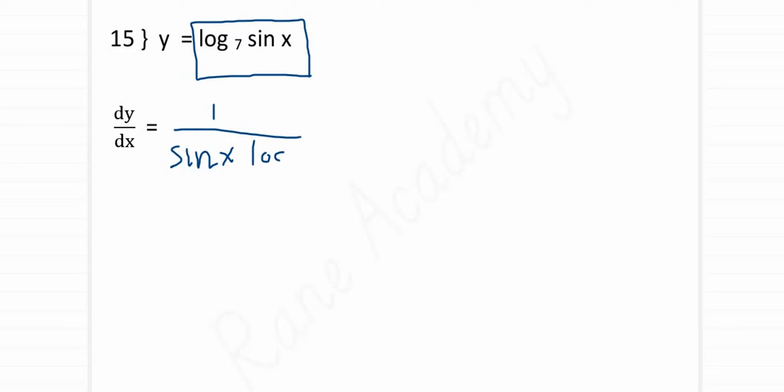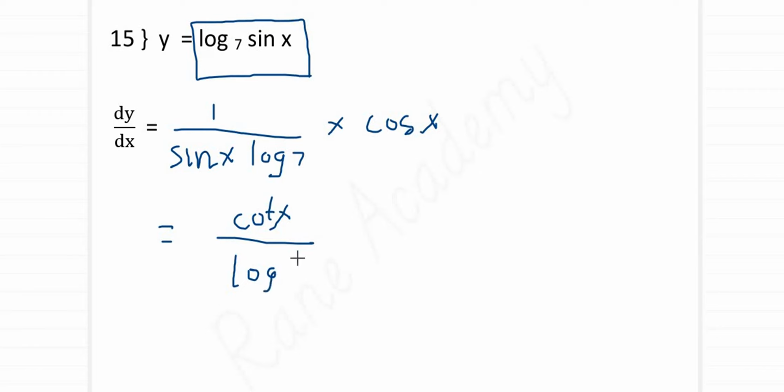So it is 1 upon sin x log 7. Now we have to differentiate sin x, and the derivative of sin x is cos x. Here we have cos x upon sin x, which is cot x. So the answer is cot x in the numerator and log 7 in the denominator, that is cot x upon log 7.